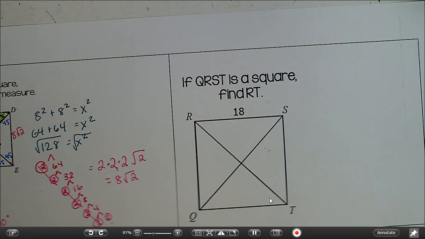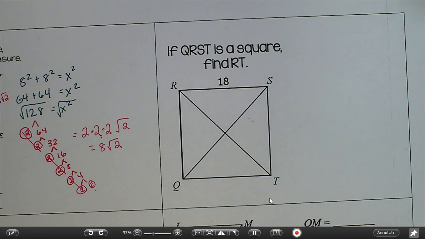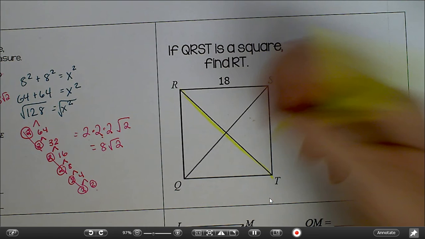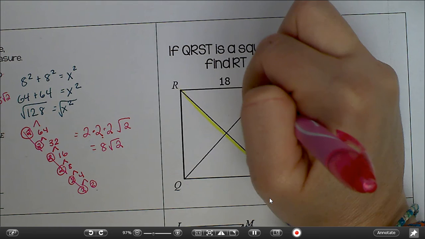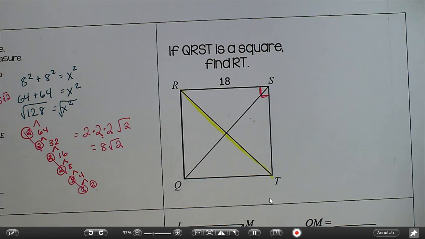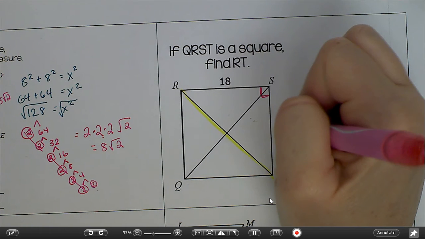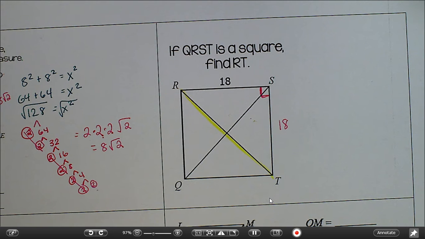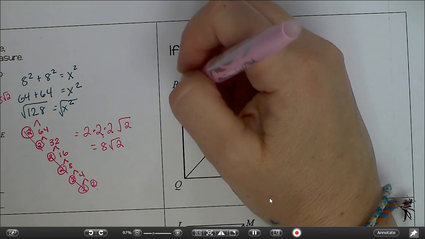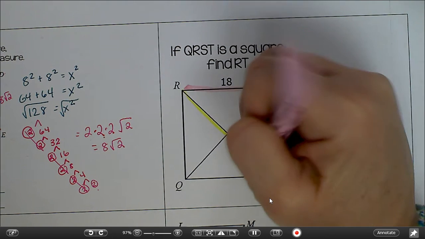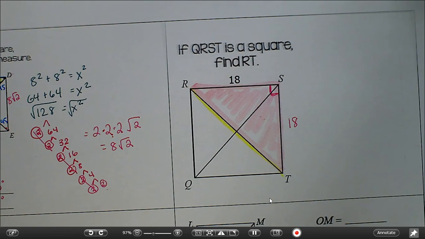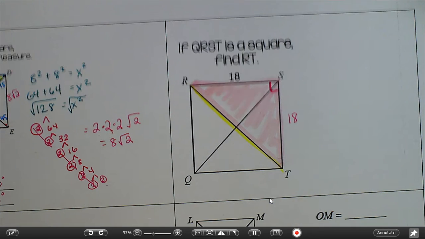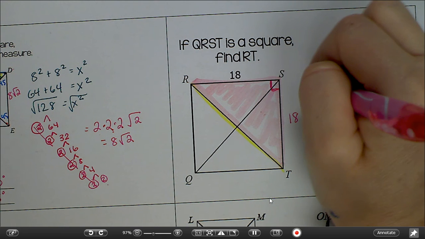New problem. If QRST is a square, we want to find RT. How long is this piece? Well, we know that this is a 90-degree angle right there, and it's a square, so this has to be 18. And check this out. We have this whole right triangle here, half of the square. So couldn't we use the Pythagorean theorem to find the length of RT?